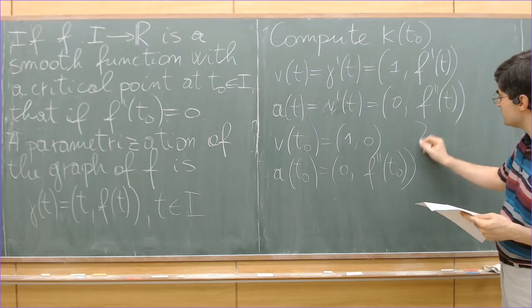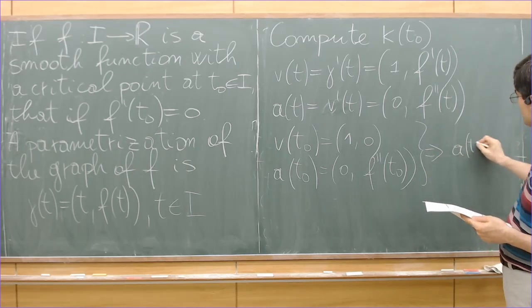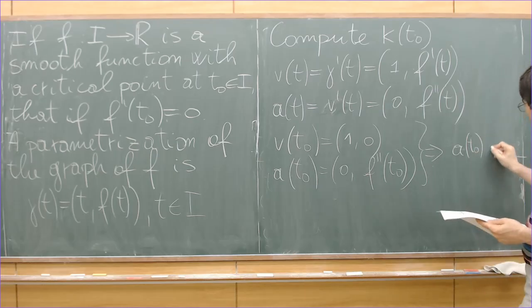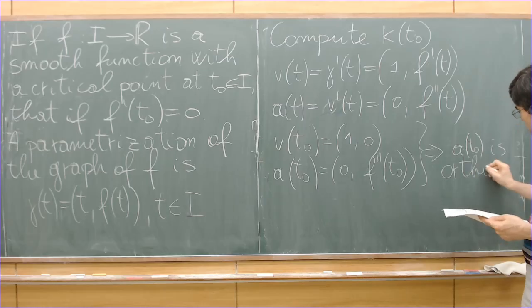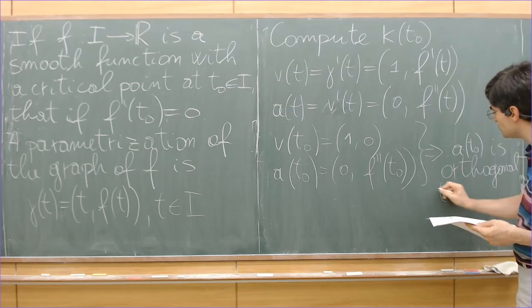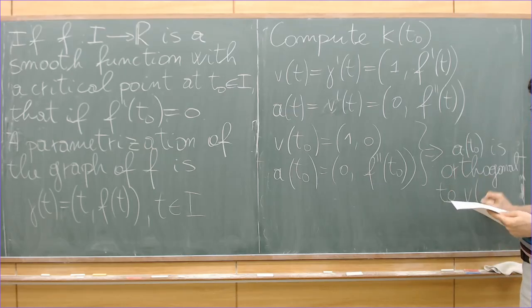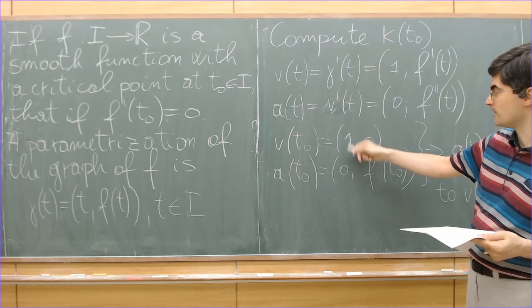Observe that this implies a of t0 is orthogonal to v of t0. Why? Because the inner product of these two vectors is 0.